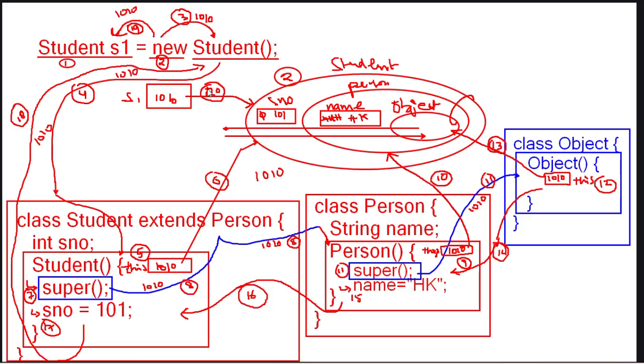Second, super of arg. Arg means arguments. Super parenthesis open, arg, parenthesis close, for calling the superclass parameterized constructor.